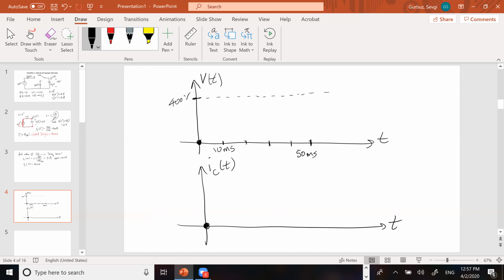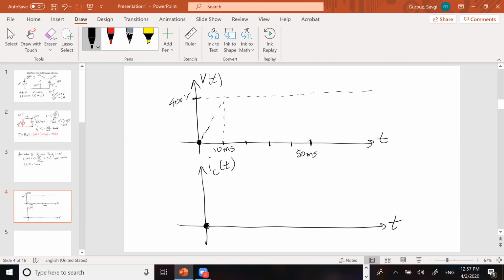We know that if everything continued without any switch changes, after a long time, we would reach 400 volts. What is a long time? Well, we define a long time as being 5 tau. If tau is 10 milliseconds, this means that a long time has passed after 50 milliseconds.